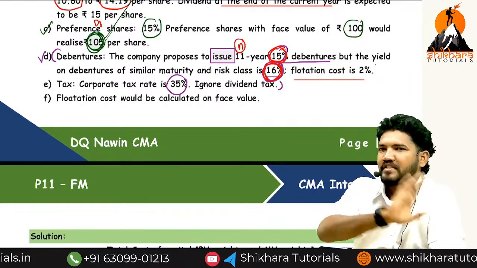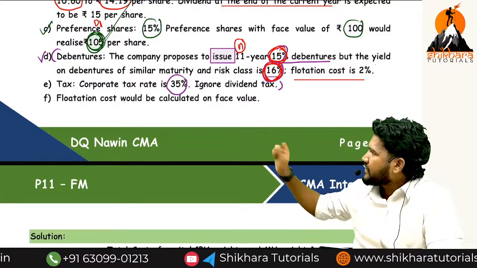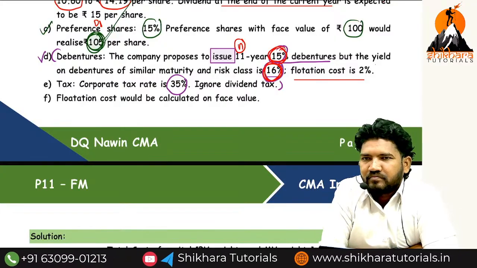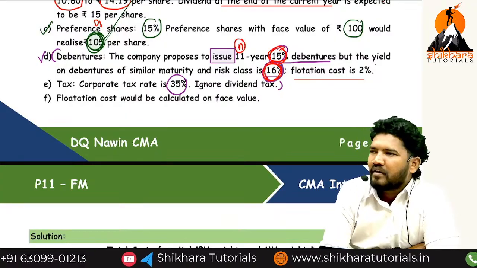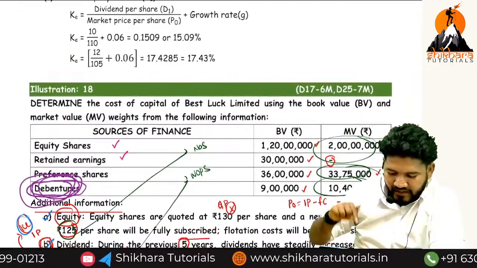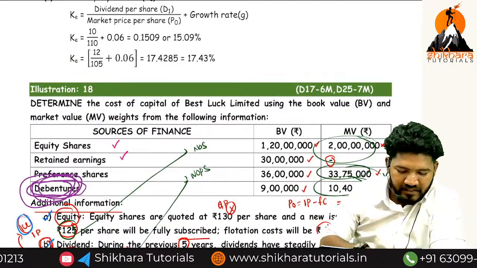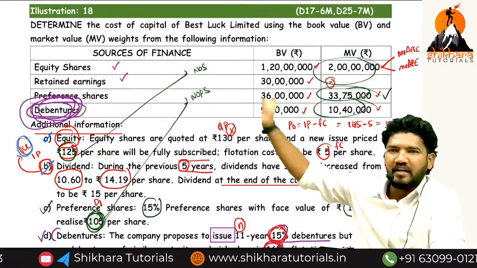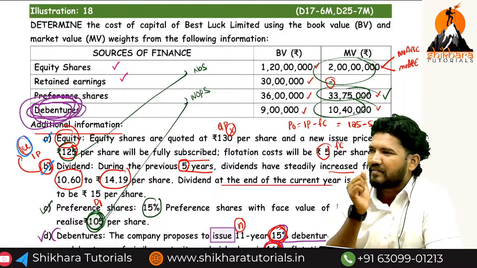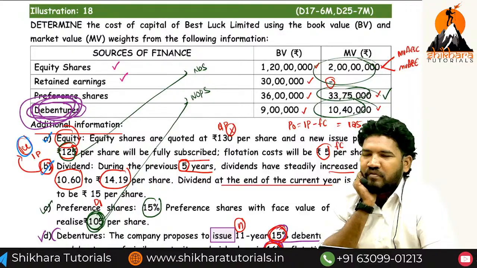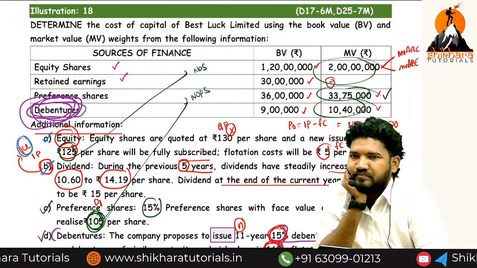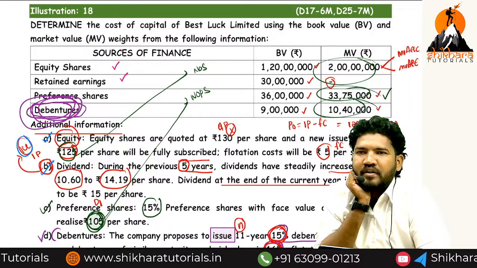Thinking from the investor's point of view, 15% or 16% debenture? 16% debenture. But Best Luck Limited also needs money, so they need to sell. For that purpose, they will issue at a discount price.